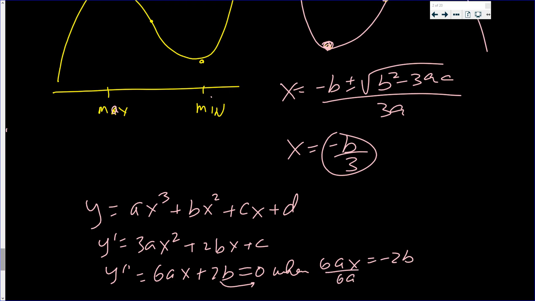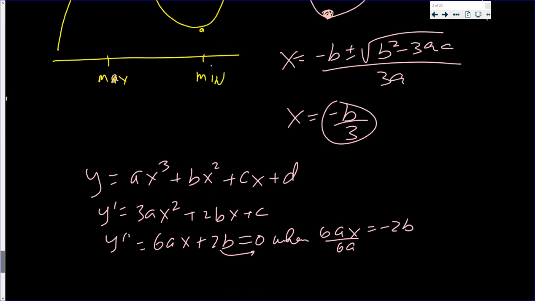Divide by 6a on both sides. So x is negative b over 3a, because 2 goes into 6 3 times. It's always negative b over 3a.